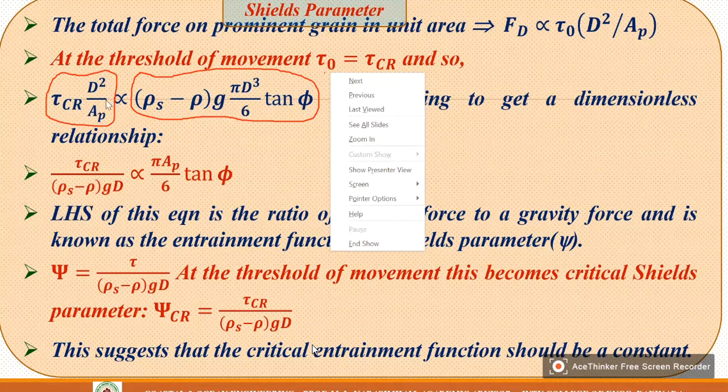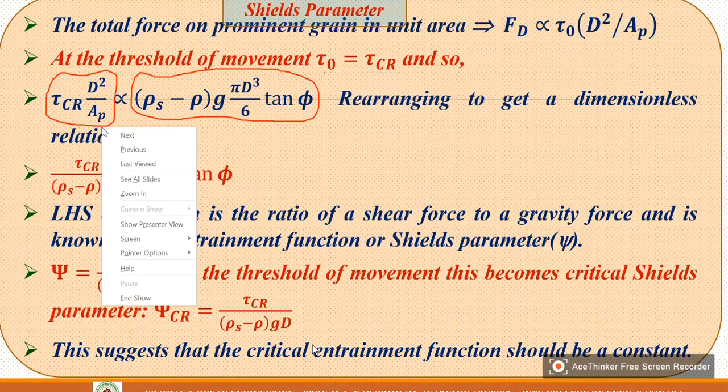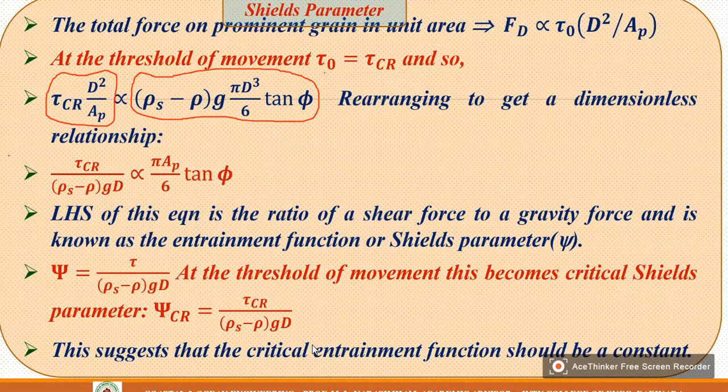They are proportionality, only proportionality we are writing. So this equation is rewritten so as to get it in a dimensionless form. Tau naught by rho.